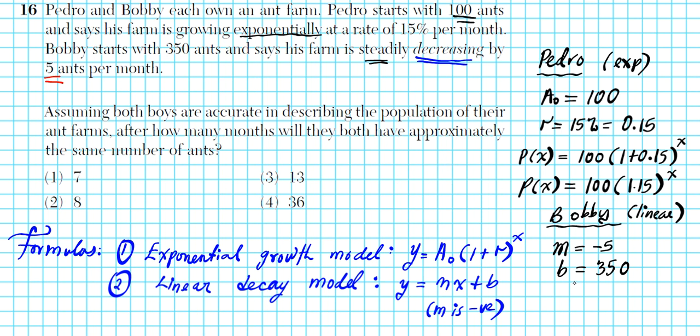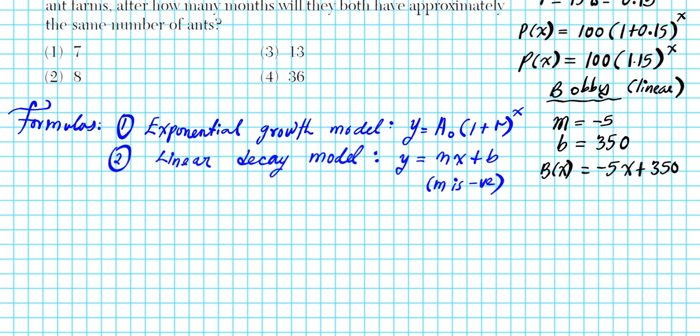All right. So in Bobby's case, his decay model is going to be b of x equals mx plus b, where m is negative 5 and b is the starting amount of 350. Now the question asks us, when will they have the same number of ants?